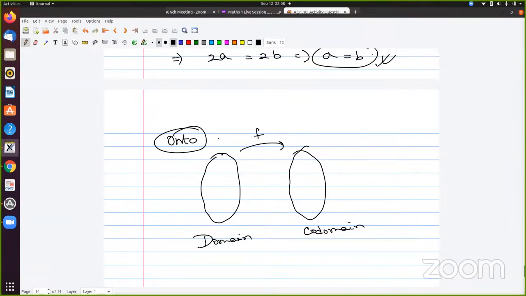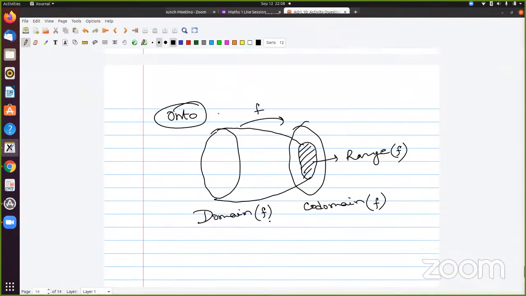Now, the set of outputs is your range. Correct? This is your set of outputs, which is inside the codomain. This is the range. The range is always a subset of the codomain, right? That we have checked. That's how it is defined.